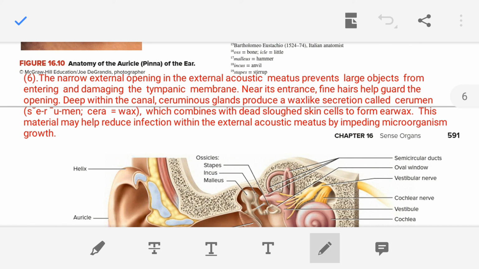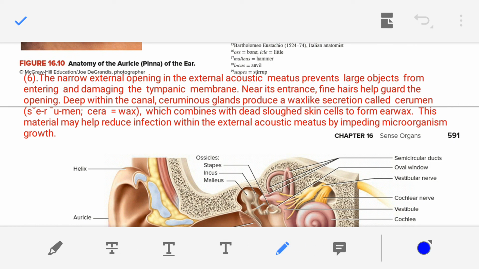And since the large object cannot enter, it is preventing the damage of the tympanic membrane. So tympanic membrane is not damaged because the opening is the narrow one, that's why.